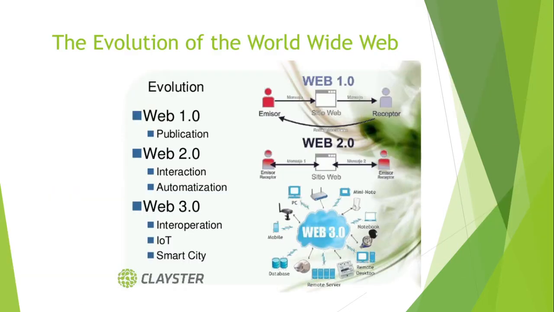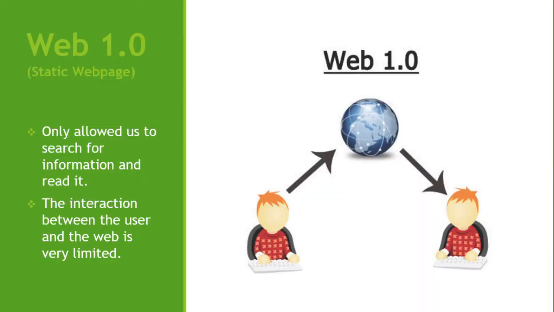So explain lang natin what is the evolution of World Wide Web. So first, meron po tayong Web 1.0. It only allows you to search for information and read it. So the interaction between the users and the web is very limited. So during the times, ang nagagawa lang ng Web 1.0 natin is to search for information.